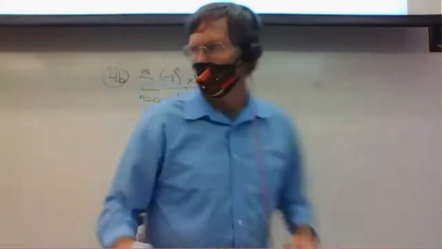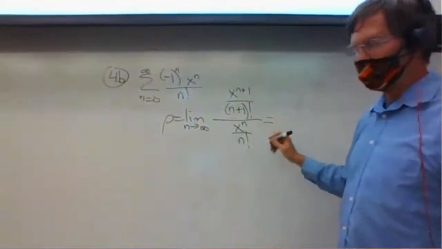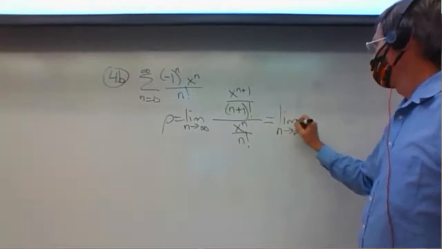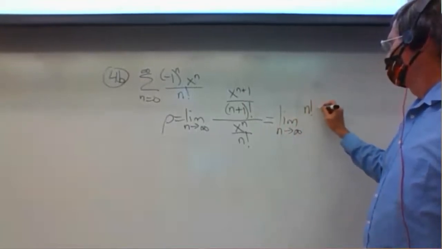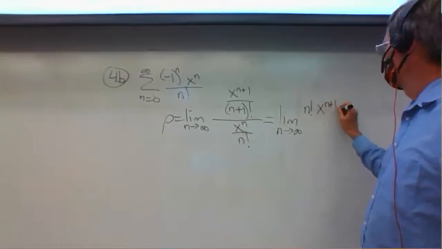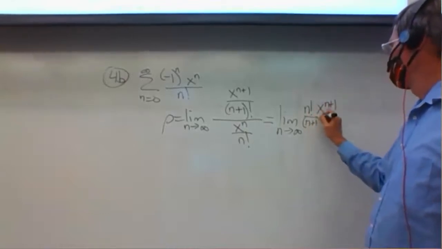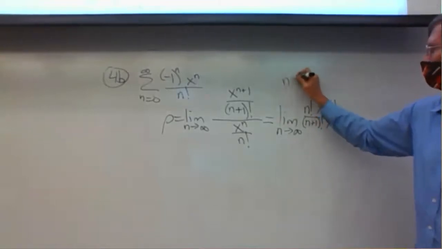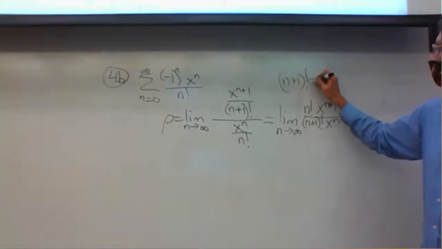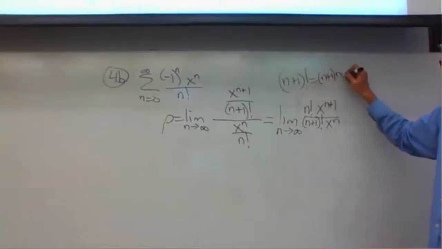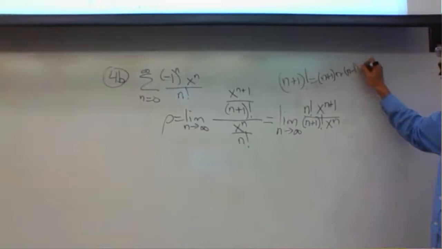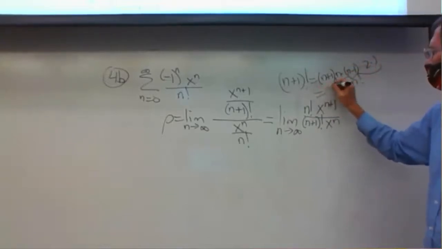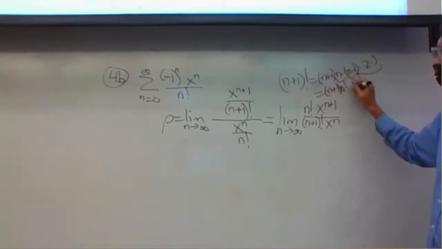And this one, what you have is the limit as n goes to infinity of top times bottom over middle times middle. And you do the same thing. You try to cancel, except with factorials, what you do is you take the n plus 1 factorial, and you say that's the numbers 1 through n plus 1 multiplied together. Well, that's n factorial, so it's n plus 1 times n factorial, right? That's the trick on the factorials.